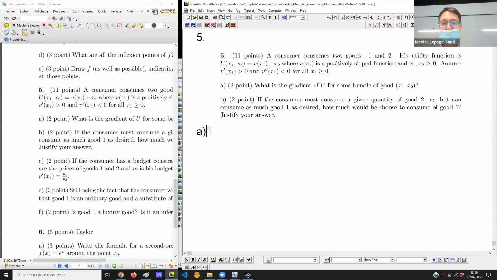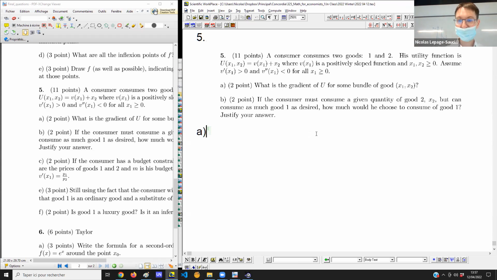Assume that the first derivative is greater than 0 no matter the value of x1, and the second derivative is smaller than 0 no matter the value of x1. Just with this information, we can say a lot of things about the nature of good 1 and good 2, as you're going to see.